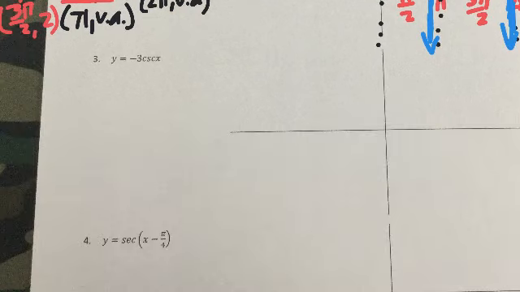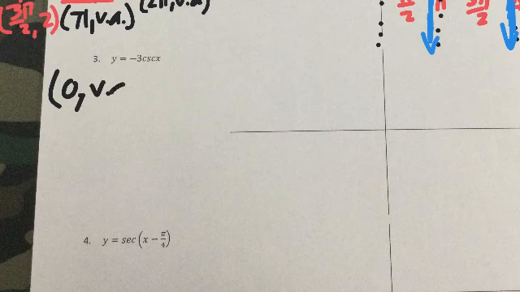Okay, the next one here is -3 cosecant of x. So cosecant is the reciprocal of sine. So I know sine starts at 0, 0, which means this one's going to start at 0 vertical asymptote.